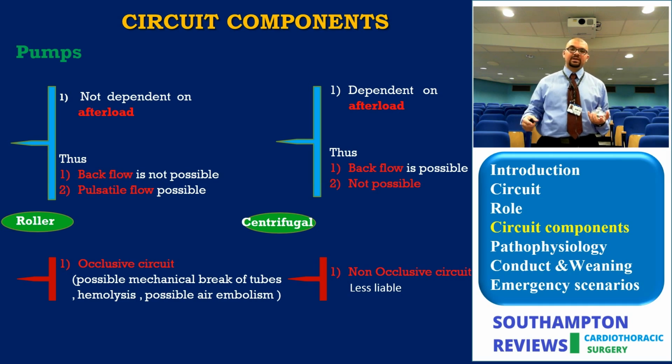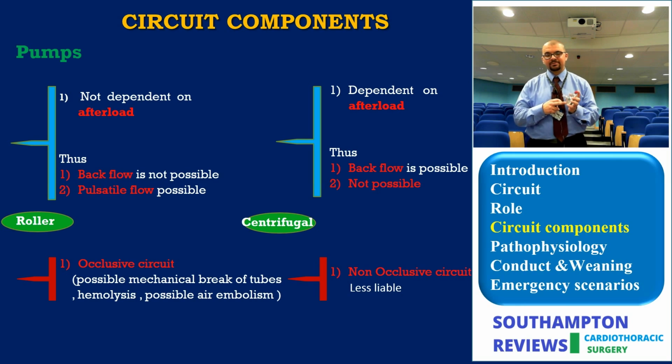The pump is pushing regardless of what's happening beyond the circuit, and hence there is a possible risk of breaking the pump or breaking the pipes, whereas in the centrifugal pump there isn't this effect.